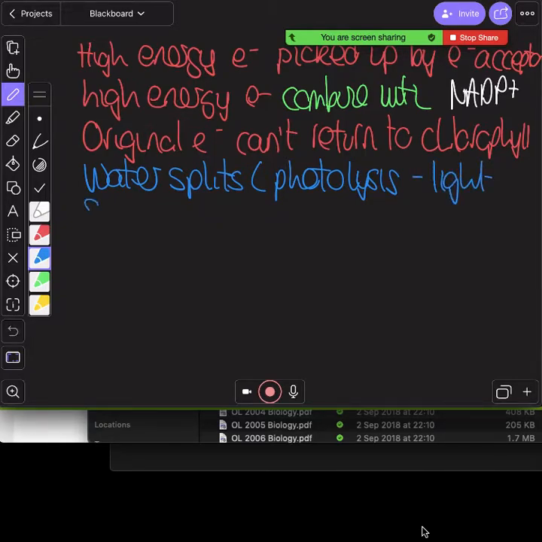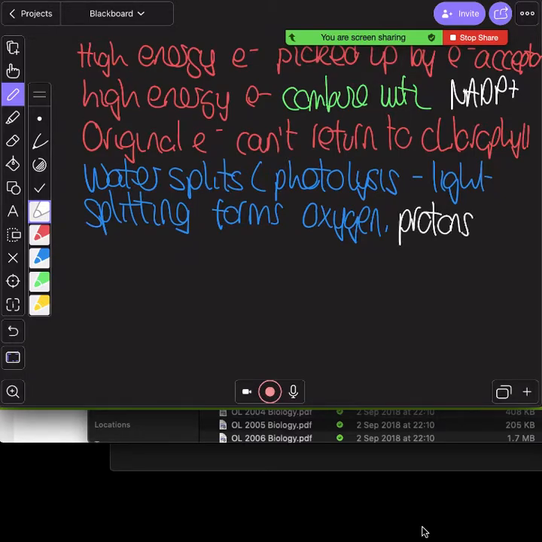So light splitting. And it forms oxygen, protons, and electrons.